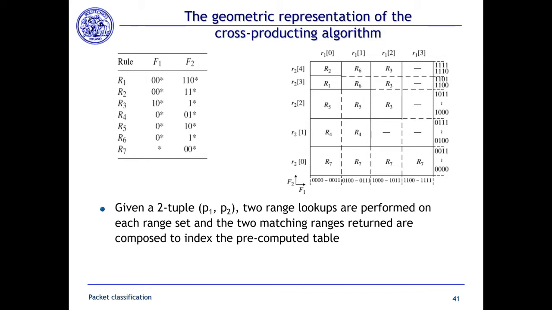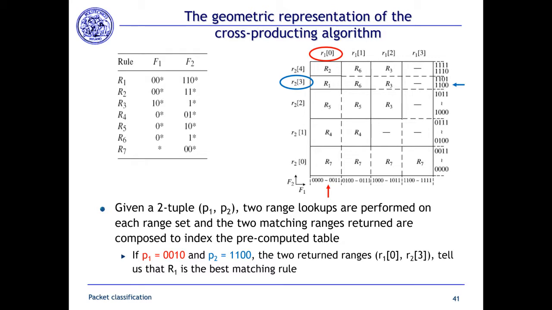So once we receive the packet, we have to perform the lookup operation in one dimension and in the other dimension. In this case, for example, we receive the packet with this value, the red of the first field and the blue in the second field. First, you do a search into the first line number, the horizontal, which represents the first field, and then you find that 0010 belongs to the segment which was named R sub 10.